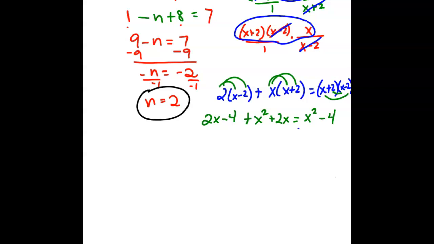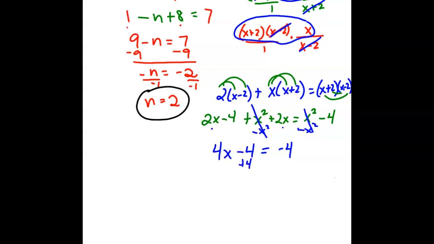All right, now notice we have some x squareds, but we have one on each side. So if I start to move this one over, it's going to end up dropping out.